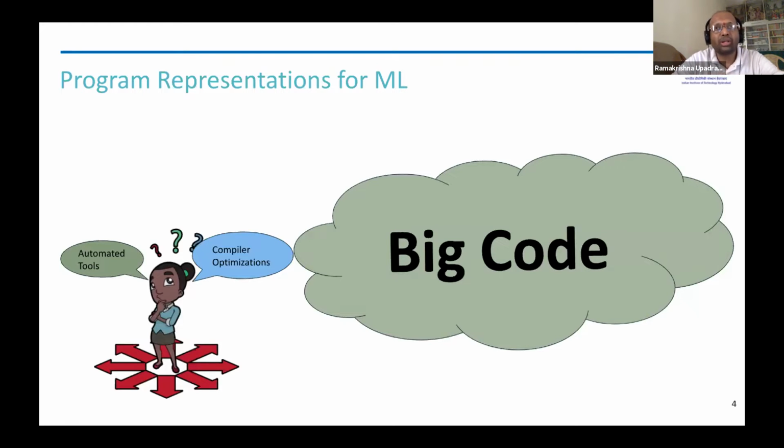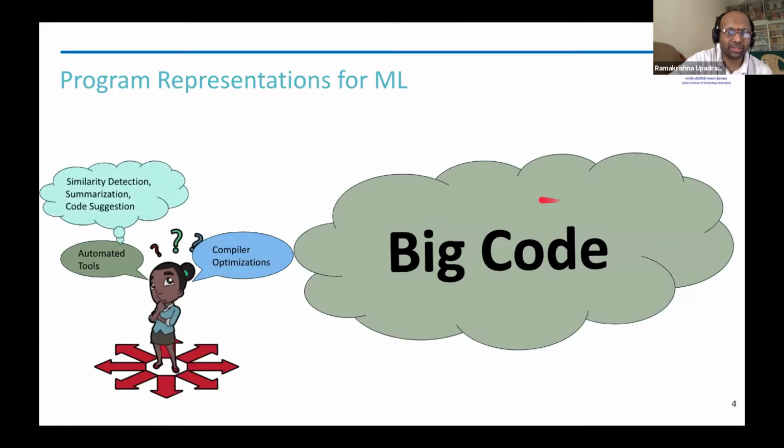Or you want to improve the performance of the code, in a very standard compiler-theoretic way, whether you want to improve time, energy, memory, etc. These applications I call software engineering applications. And you may want to do similarity detection. For example, you are given a whole bunch of codes or code snippets. We'll see why this characterization, why this specialty is important, and then we'll understand.